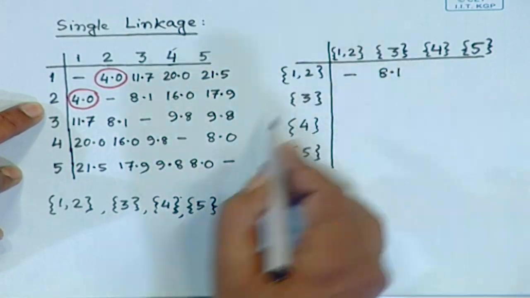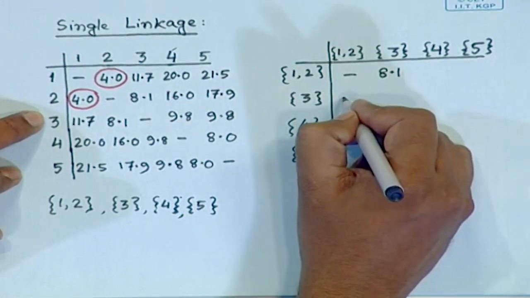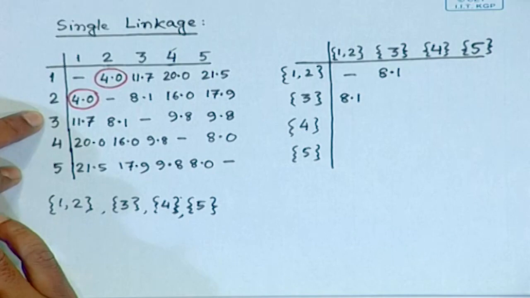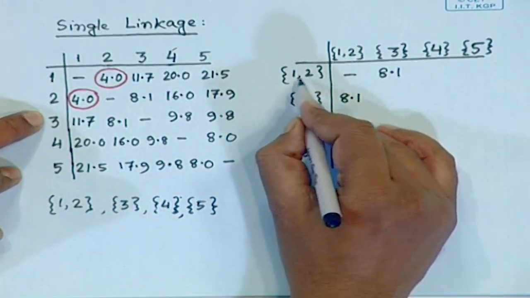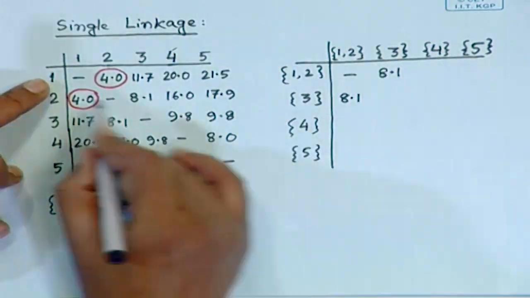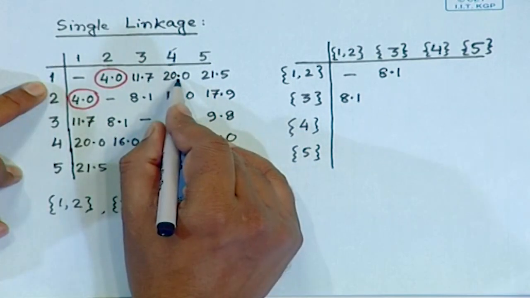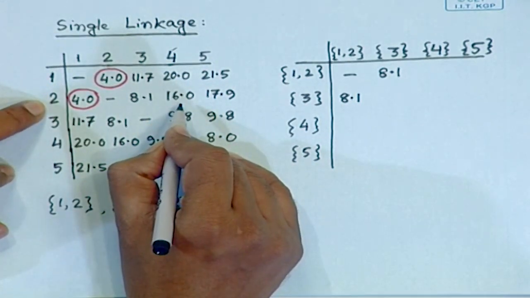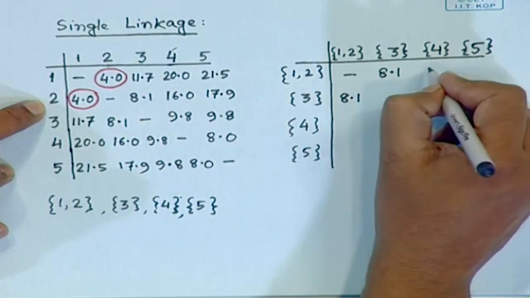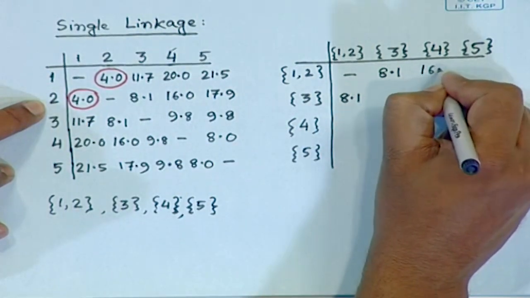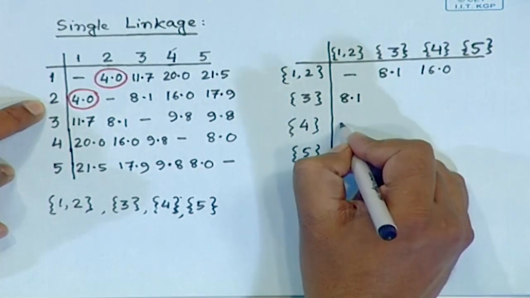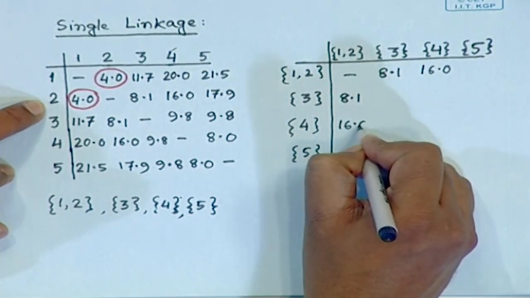So, similarly, here also the value will be 8.1, right. Distance between 1 2 and 4, distance between 1 and 4 is 20, distance between 2 and 4 is 16.0. So, the minimum of these two is 16.0. Okay. Similarly, over here the distance will be 16.0.